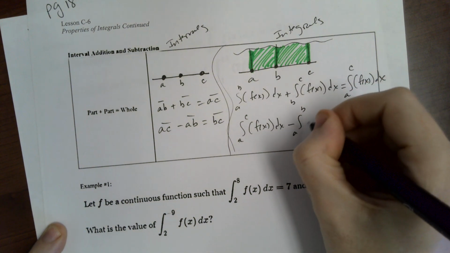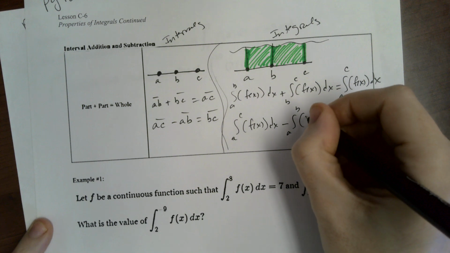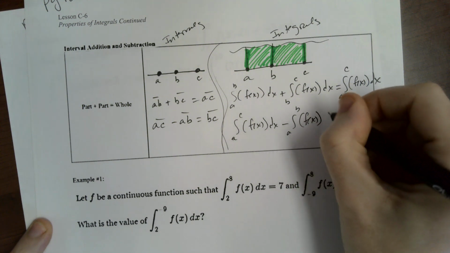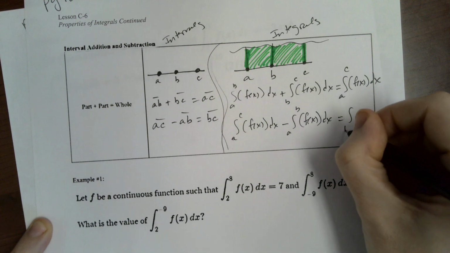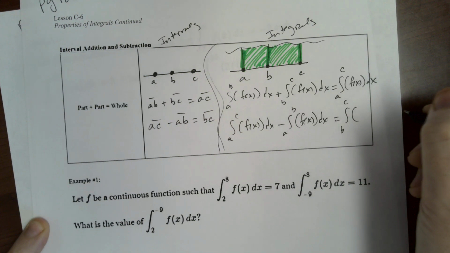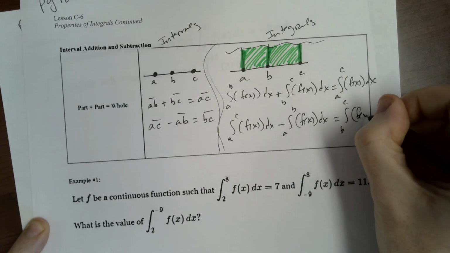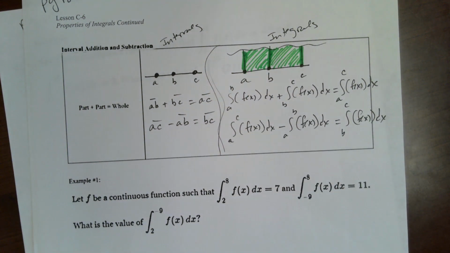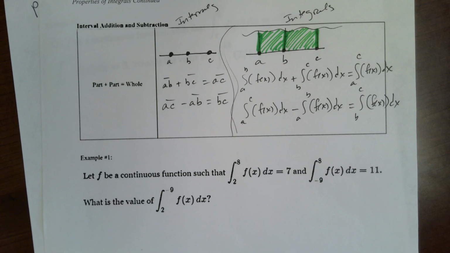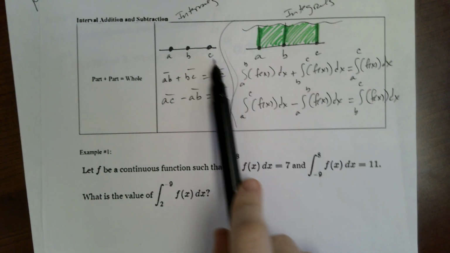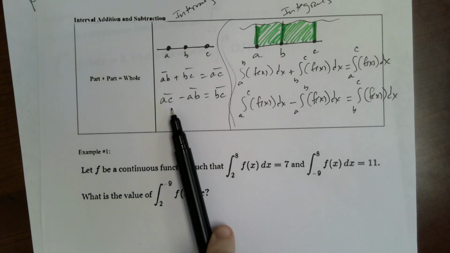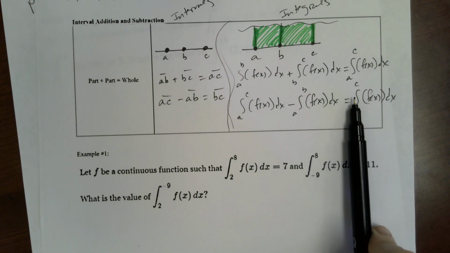We'll just do from A to B, and that's going to equal the integral from B to C dx. Okay. And guys, very often when you're doing some side work, it's easier just to think about the intervals themselves rather than the entire integral.